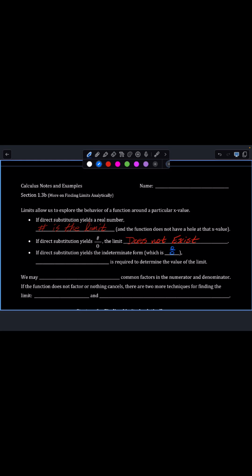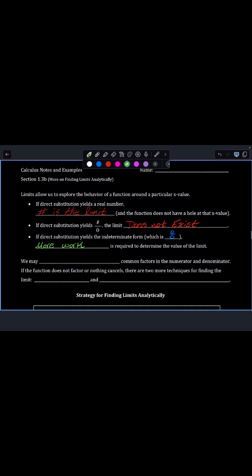More work needs to be done. And what I mean by that is there's 3 types of things that we can fall into at that point. So this is what I'm talking about, the 3 little steps that we might need to follow, okay?